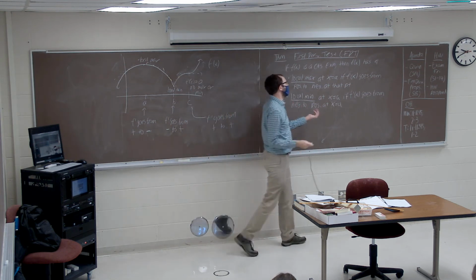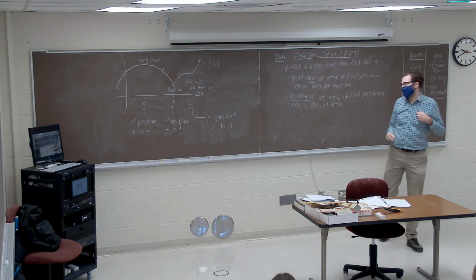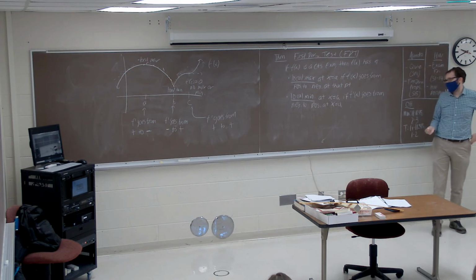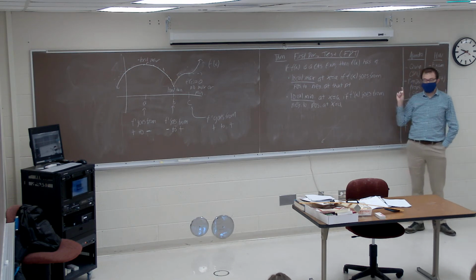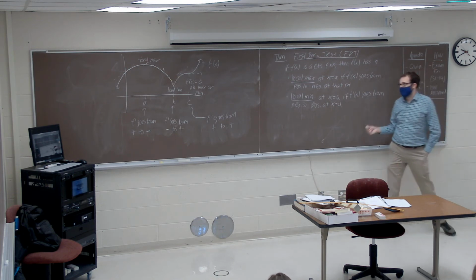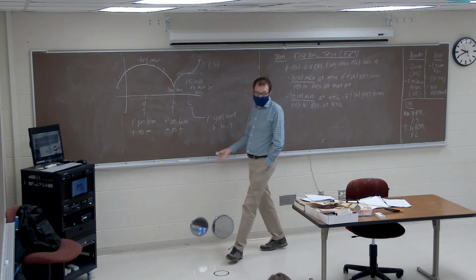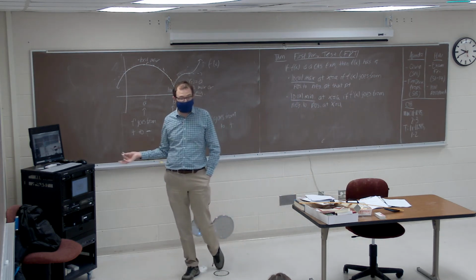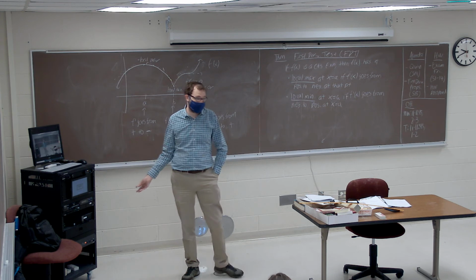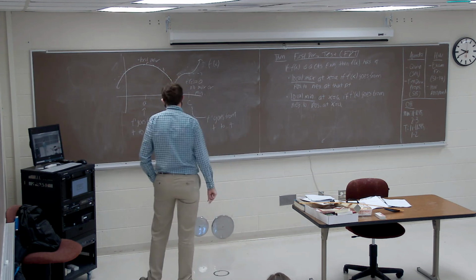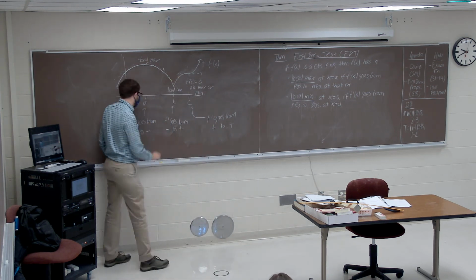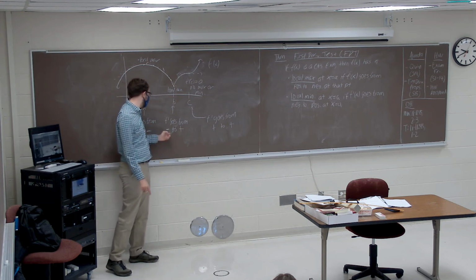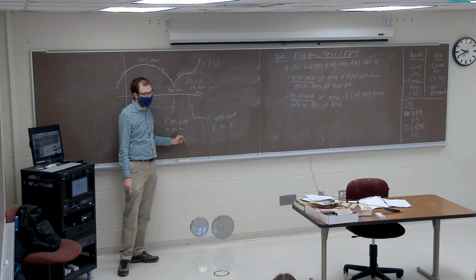So if we look at what the first derivative test is telling us, it tells us that if f prime goes from positive to negative, like what happened at point a, then we have to have a local max at that point. And similarly, at x equals b, if our derivative f prime goes from being negative to being positive at that point, then we're going to have a local minimum occur.